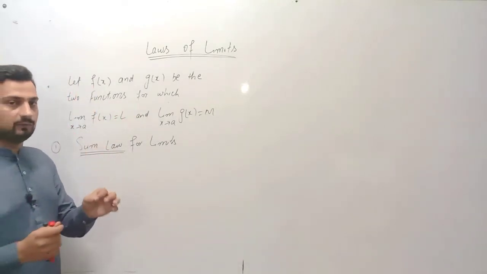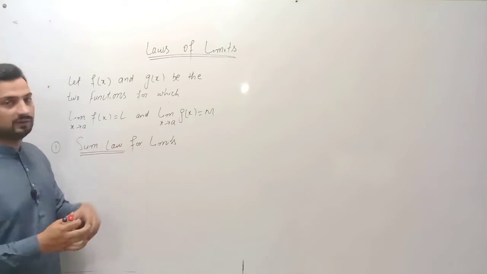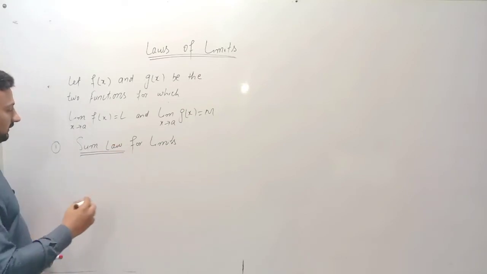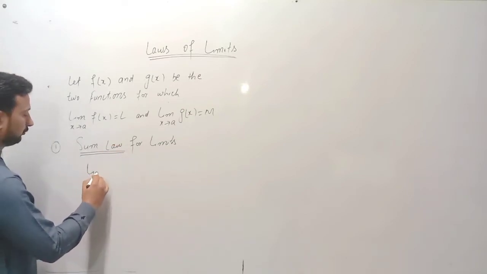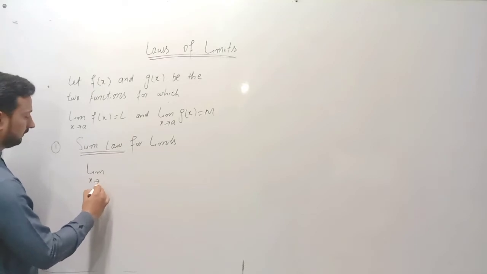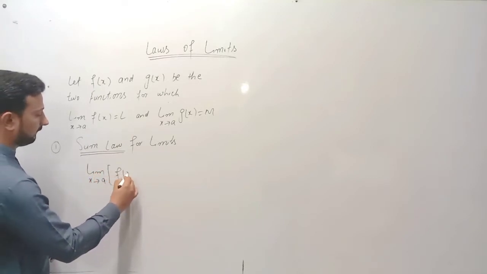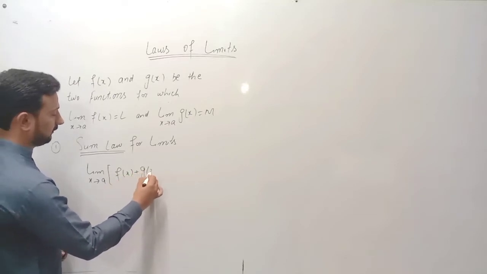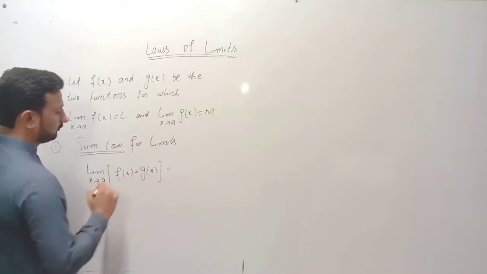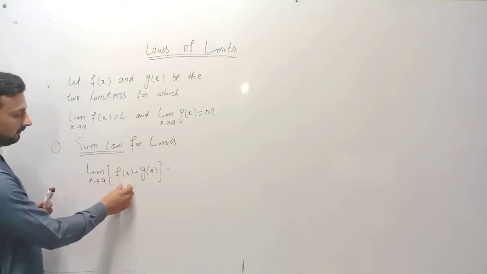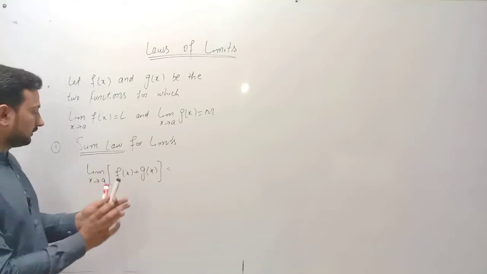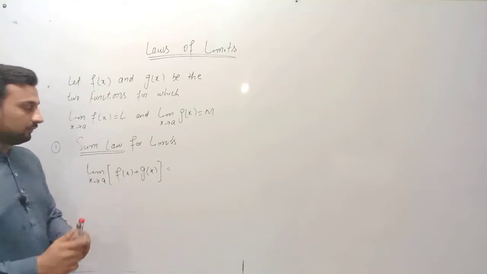The first law that we will discuss is the sum law for limits. This law says that if there are two functions put together, let's say the limit as x approaches a of f of x plus g of x, so how will you solve it?